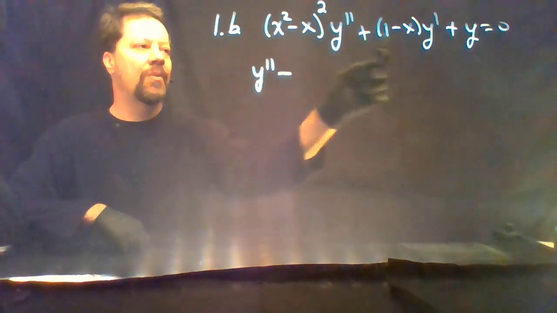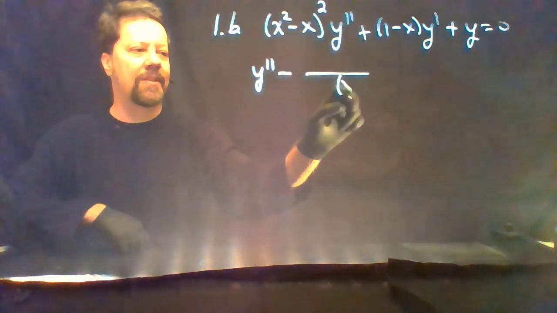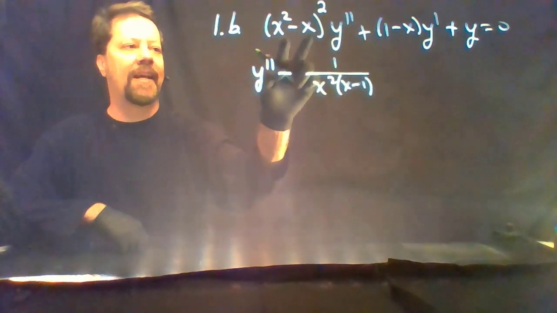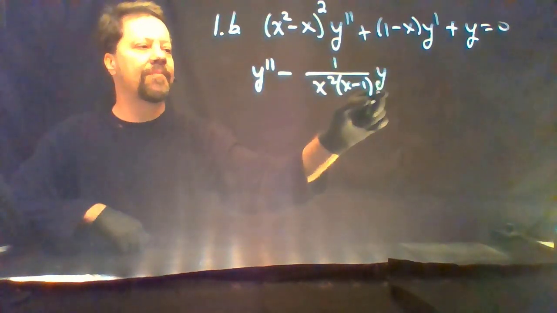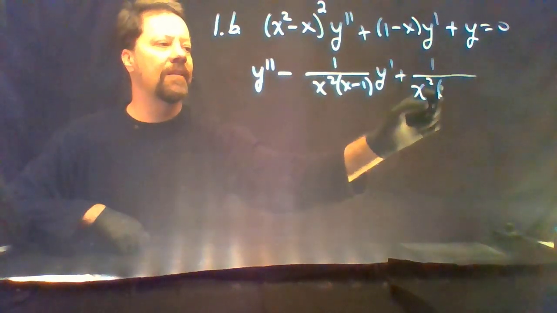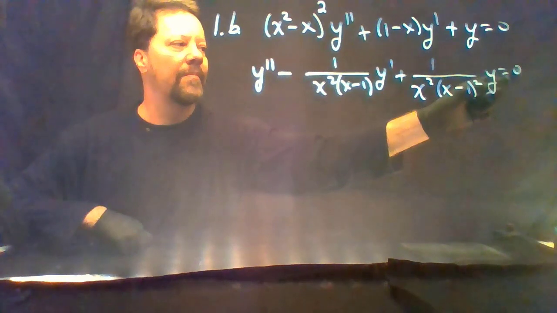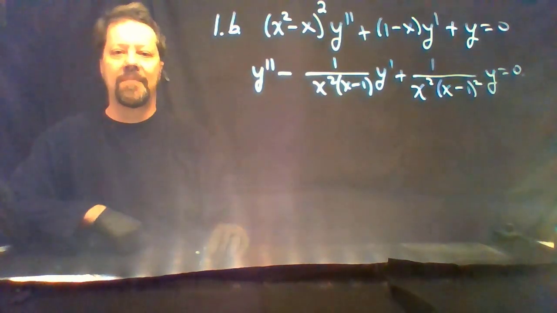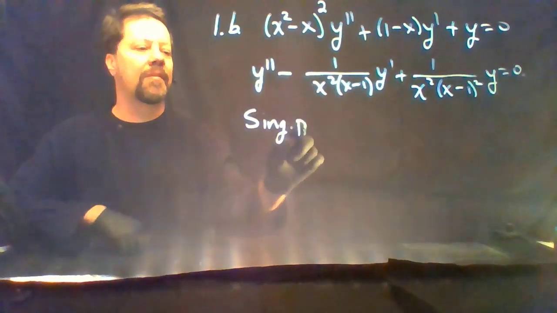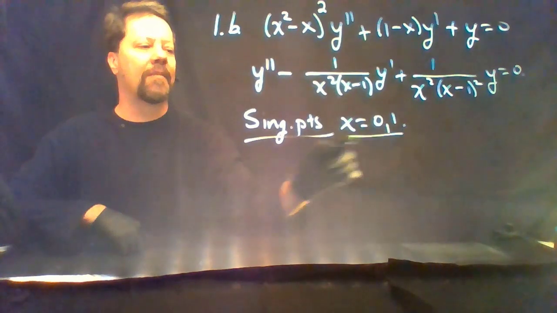And when we do, the x − 1 is going to cancel with one of the x − 1s here. But we'll still have an x² after we square. And over here, x²(x − 1)²y. You can see that we still have singular points 0 and 1.